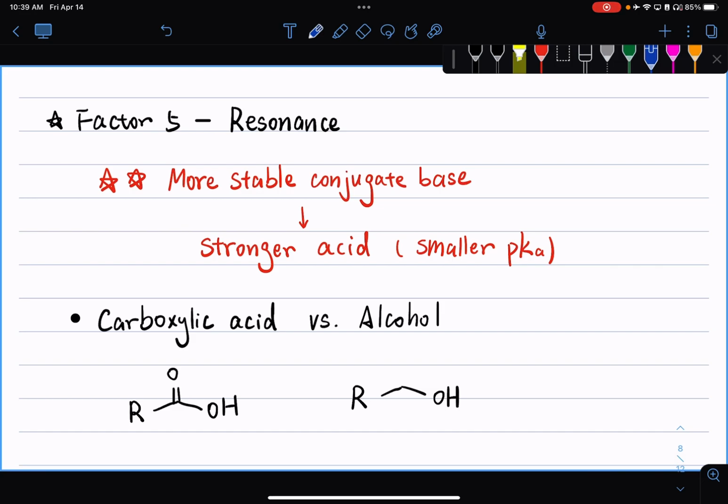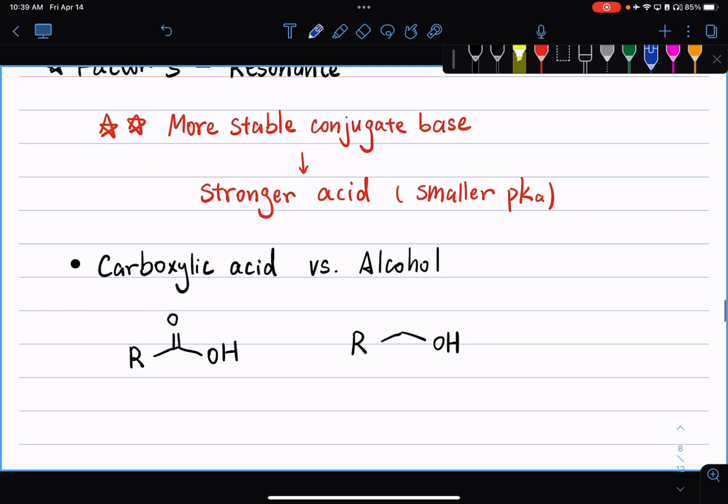So resonance structure is a very strong tool in organic chemistry for deriving which hydrogen is more acidic. Let's look at some examples together. We'll use 2 different examples, and then we'll do some practice problems together as well.